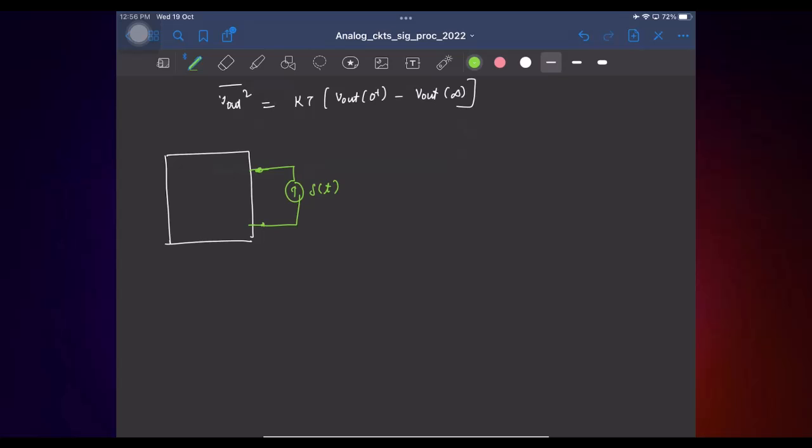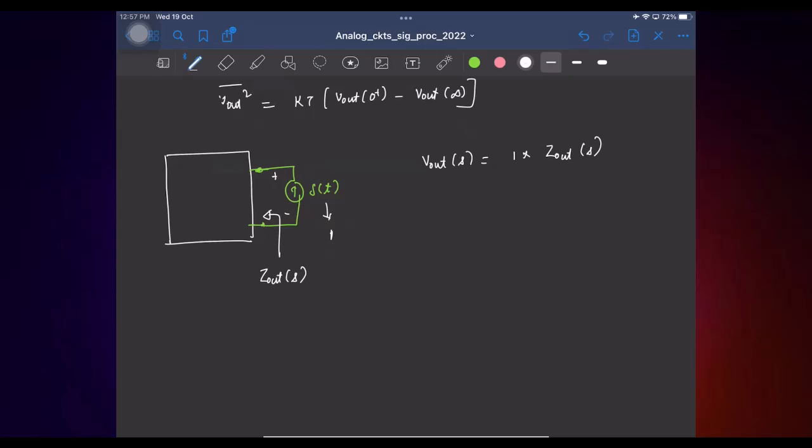In time domain it is an impulse. If I go to Laplace, what is the Laplace transform of this? 1. And let us say the looking-in impedance, the driving point impedance, is Z out of S. What can you say about V out of S? This is V out of S. It is the Laplace transform of the current, which is 1, times the impedance, which is Z out of S.